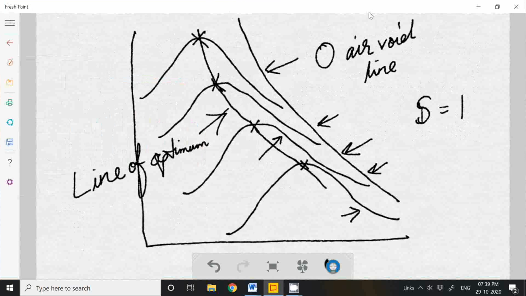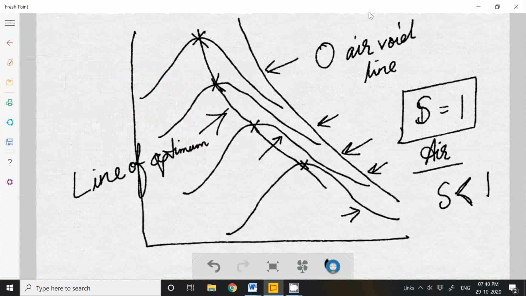Some amount of air will always be there, and if there is some air, then S will always be less than 1. No matter whatever compaction we give, we cannot expel all the air out. So there will be some air left, so S will be less than 1, so we can never reach S equal to 1.